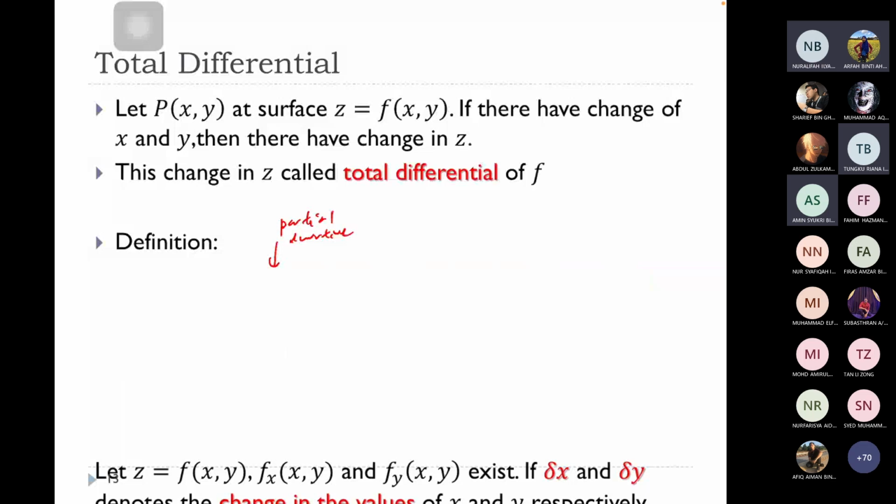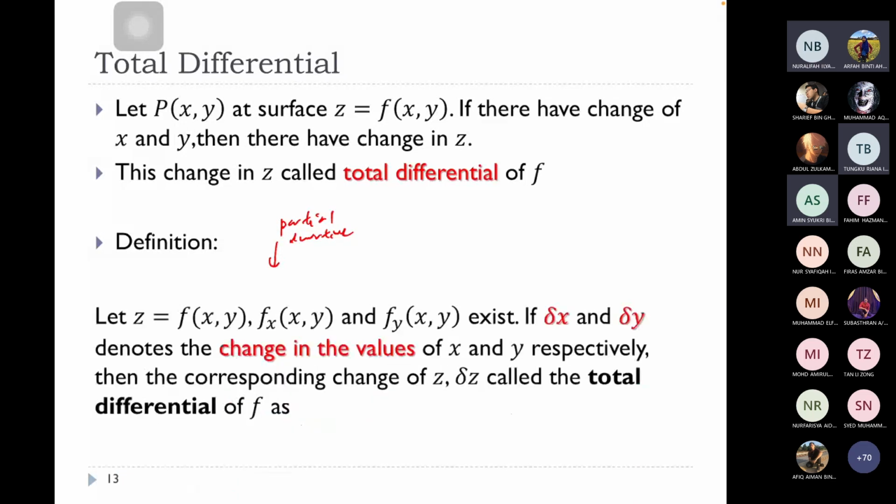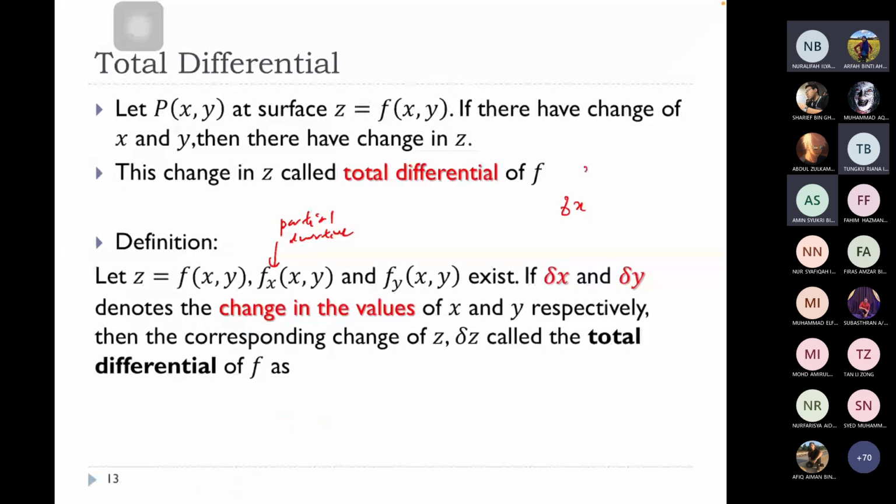So katakan delta x, x changes daripada 2 kepada 2.01. So delta x equal to 0.01. The changes, even a slight changes in x, so we will have to record the change dalam delta x.